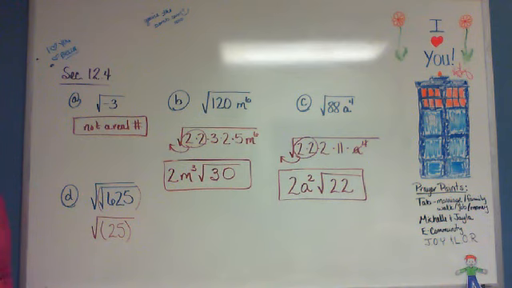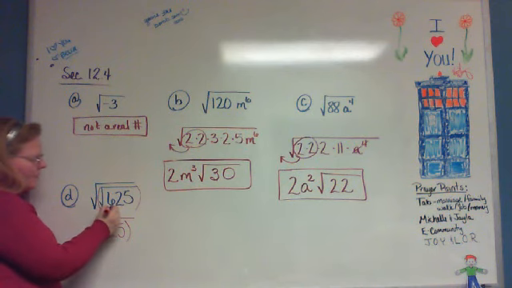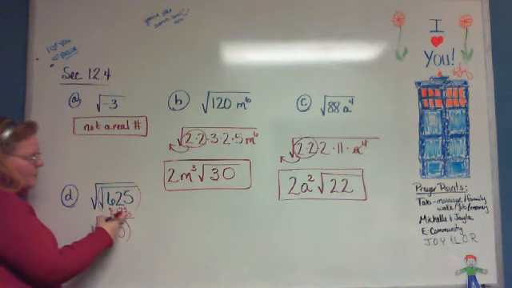Now, how are you supposed to know that if you didn't memorize it? Well, I would expect you to have gone through and said a number that goes into that evenly is going to be 5, and figured out that it was 5 times 125. 5 will go into that, which will make it 5 times 5 times 25, and 25 is really 5 times 5.